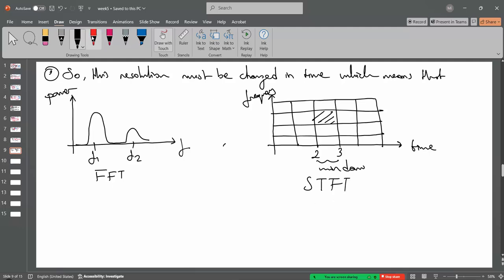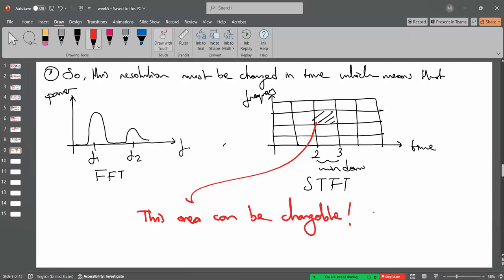Okay, but if we want to obtain the instantaneous frequency for a given time, we need to state that this area can be changeable, which is called the wavelet transform, guys. Okay?